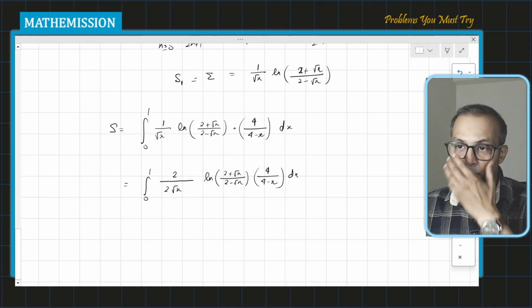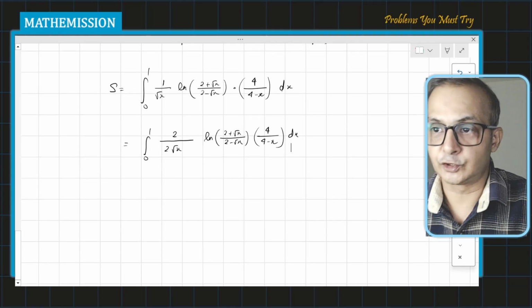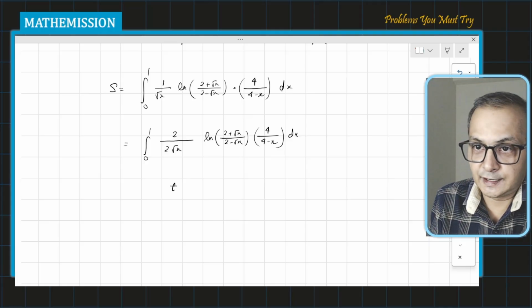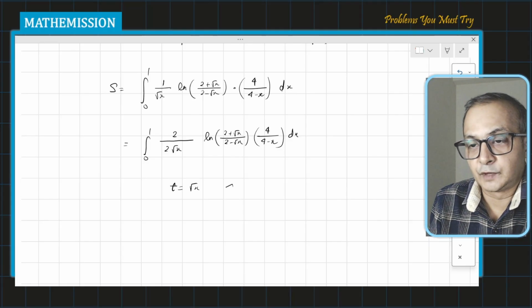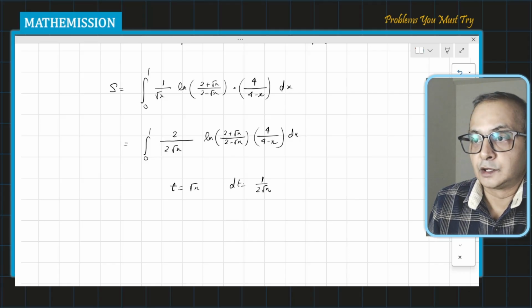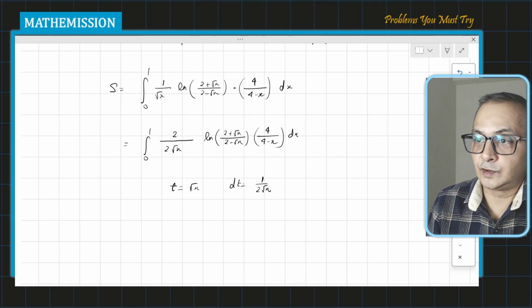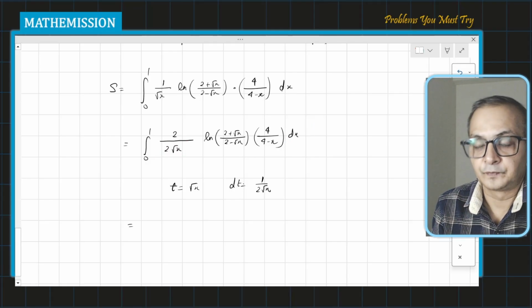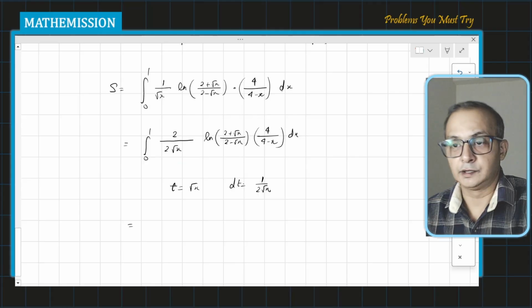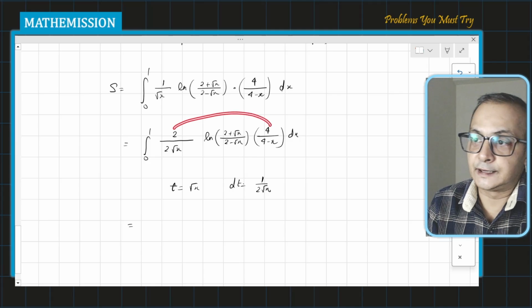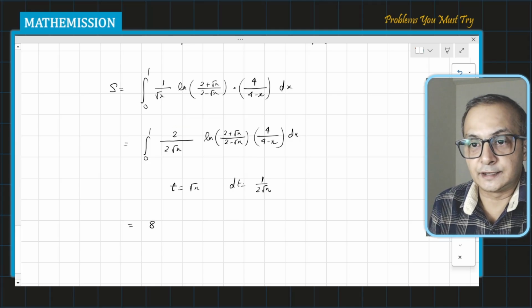What I'm going to do, that's not so difficult to understand. What I'm going to do is t I'm taking as root x. So dt is 1 by 2 root x. So you can see this 1 by 2 root x and this dx collectively can be written as dt. And this 2 times 4, I can take it out as 8. So that is 8 here.